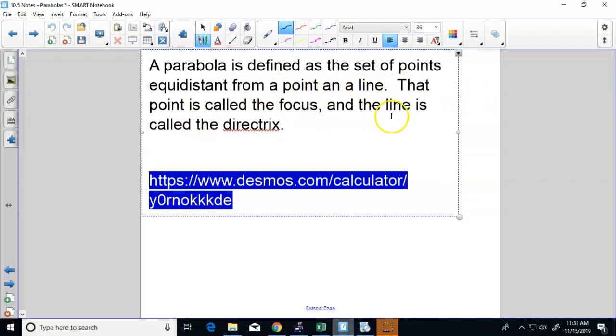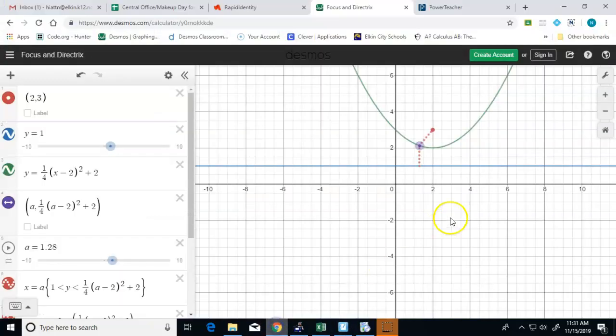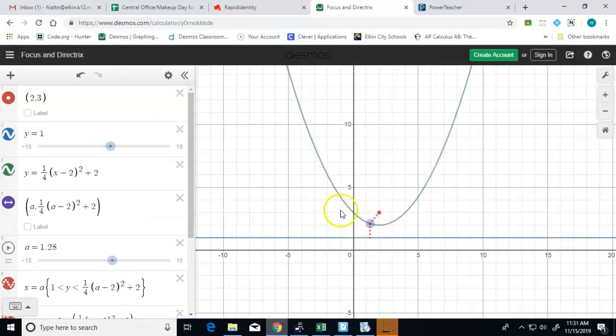That point is called the focus, the line is the directrix. So to kind of give you a really, really quick view of what this looks like. So right here is my focus, here is my directrix. So anytime I move this point here, you can see these two dotted red lines are the same length.